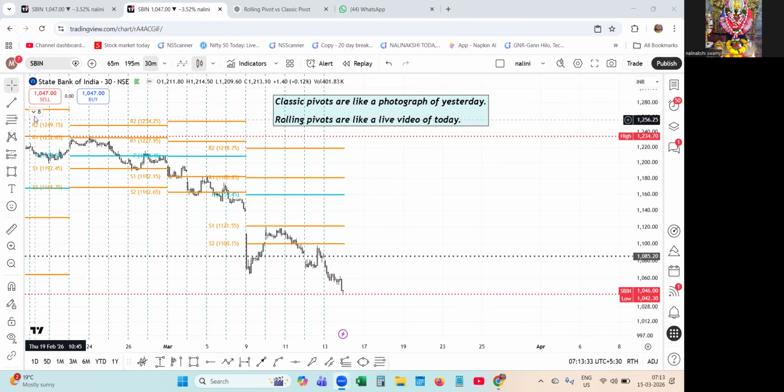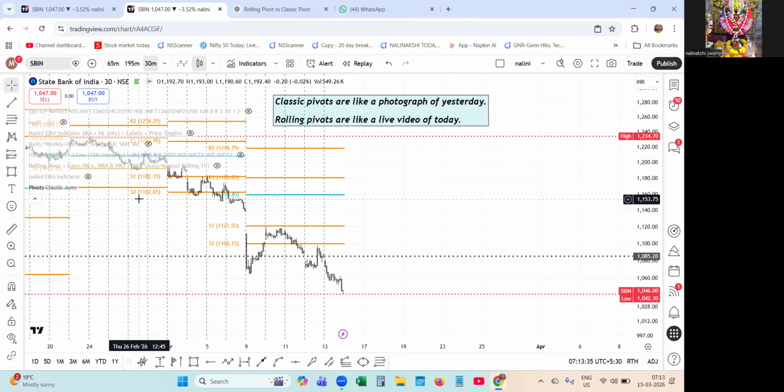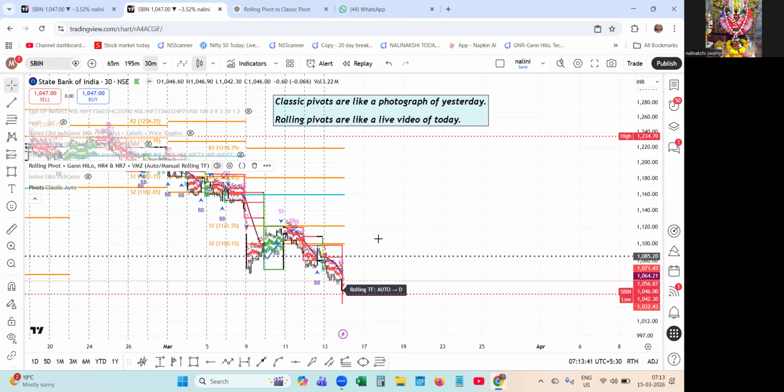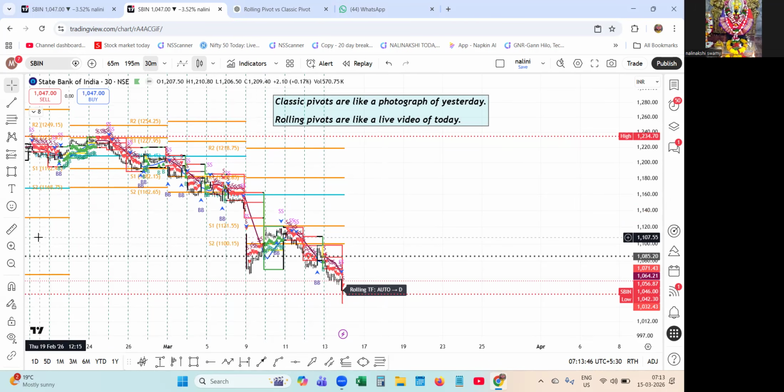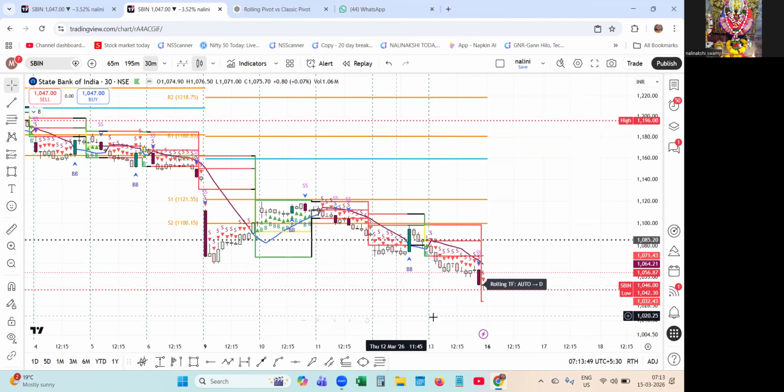So, I'm going to enable, along with these classic pivots that you have seen over here, my customized indicator, the rolling pivot. Let me zoom it out. For each day, you can see so beautifully the rolling pivot.